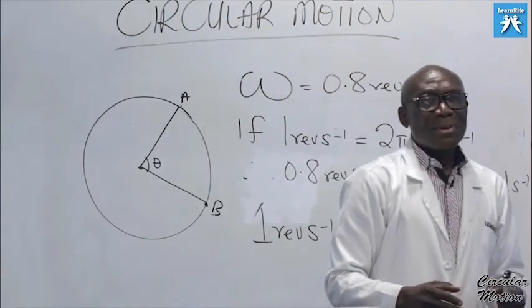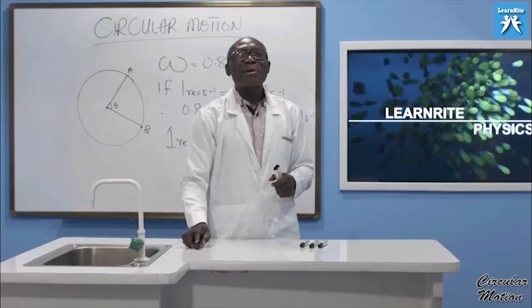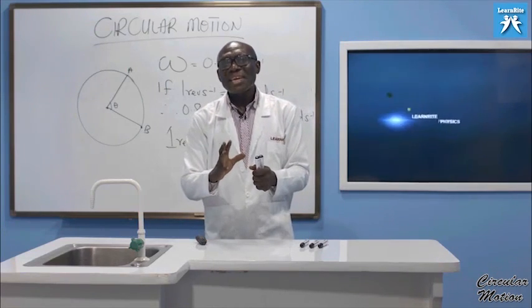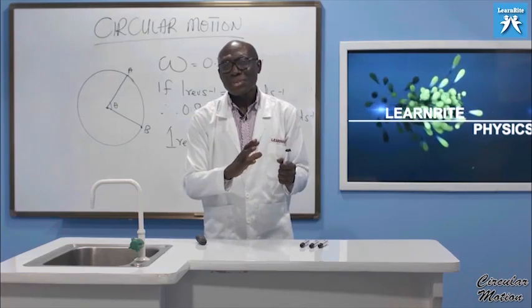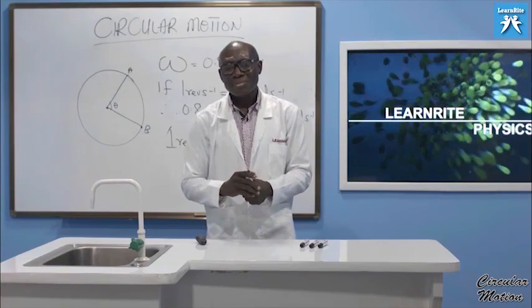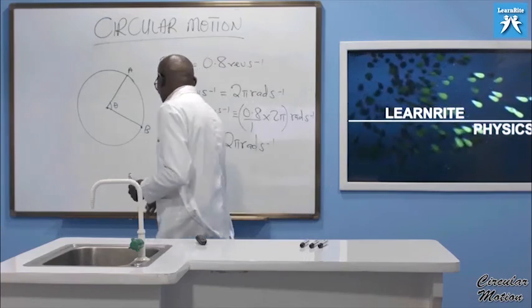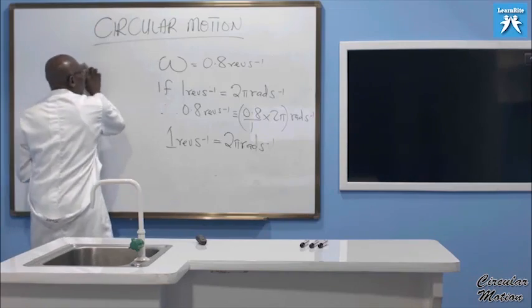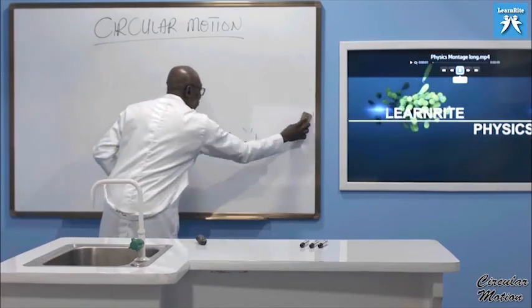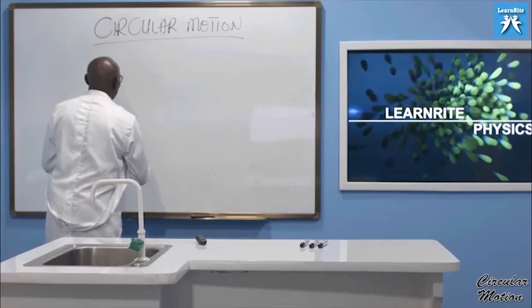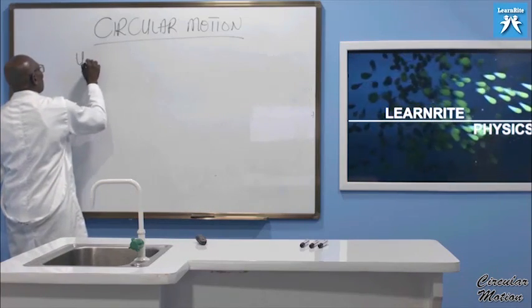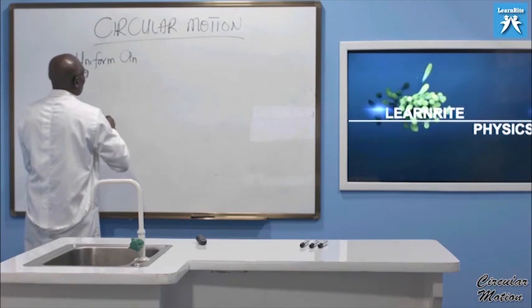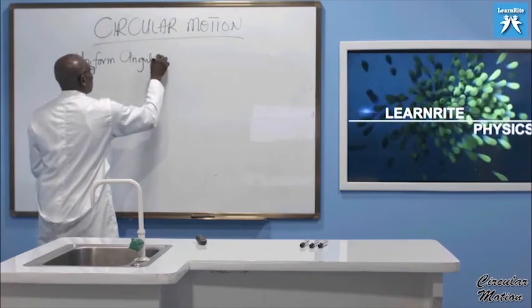Then this angular velocity we are talking about can appear in three different forms. One of them is called uniform angular velocity.